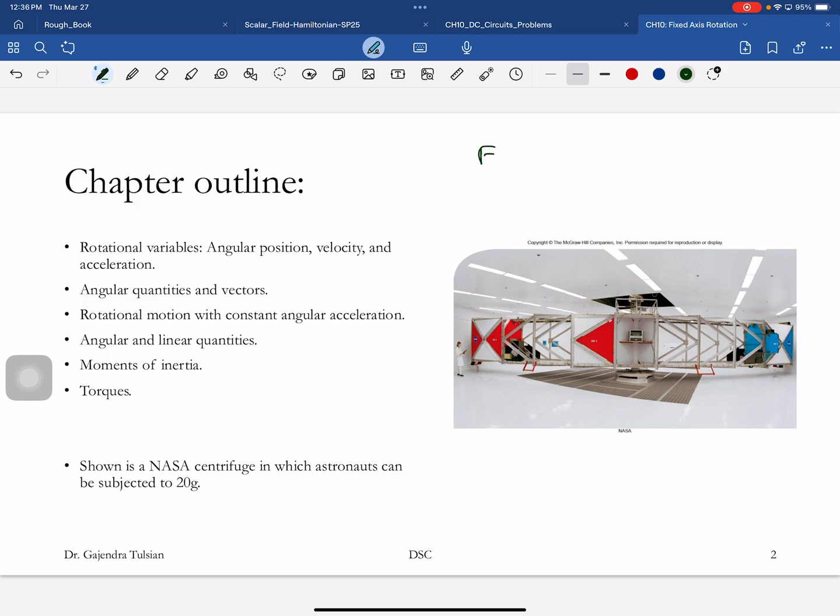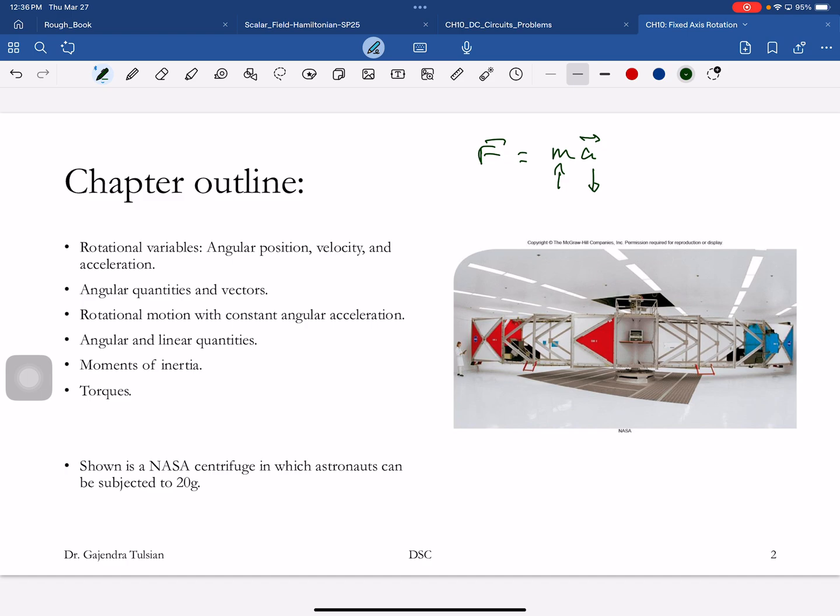F equals ma, mass times acceleration. What Newton's second law says is if you apply a force to an object, the greater its mass, the smaller its acceleration. So mass is a measure of how much it's resisting change in motion.